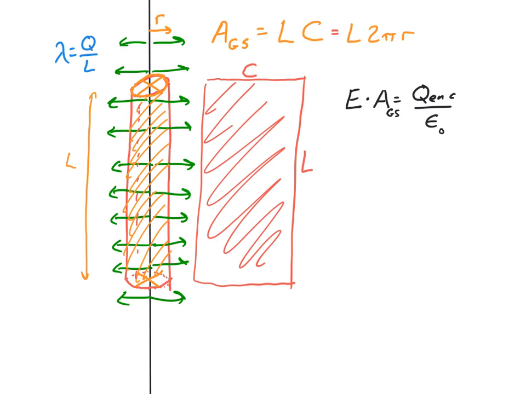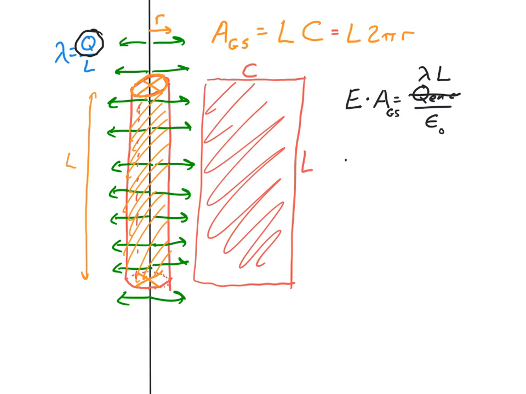Now this Q enclosed, well, that's going to be a callback to there. So Q enclosed will be the charge density per unit length multiplied by the length.